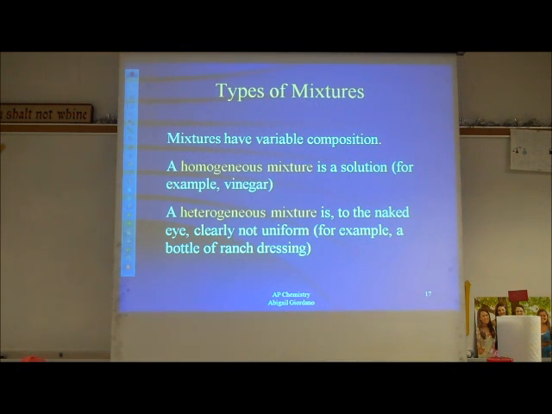Let's say I took 2 blood samples from you. I took one from your foot and one from your finger. Exact same volumes. Would those blood samples be molecularly identical? Do you think? What do you think? Do you think they would have exactly the same number of red blood cells and white blood cells and platelets? Probably not. Your blood is a heterogeneous mixture.